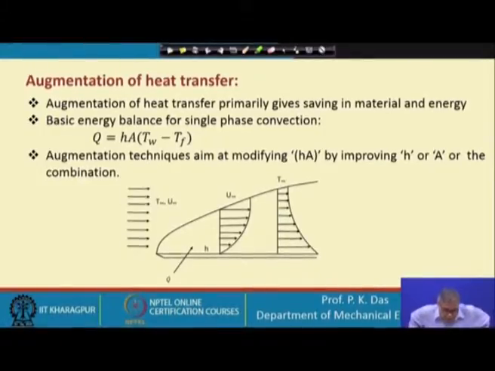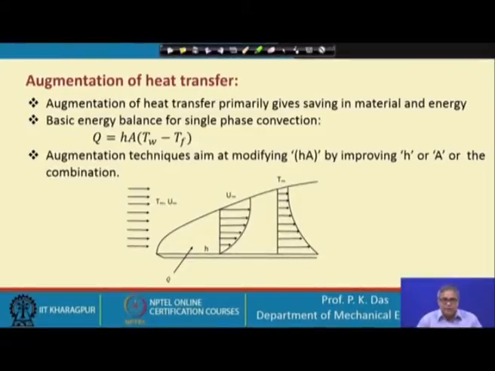So, what we see is that here we have H A, where A is the area and H is the heat transfer coefficient. H depends on various things, of course on the fluid property, fluid velocity and the surface geometry, particularly the features which are available on the surface.